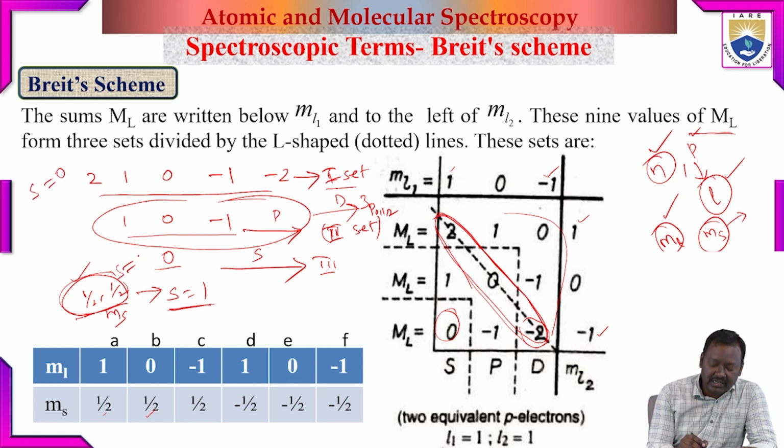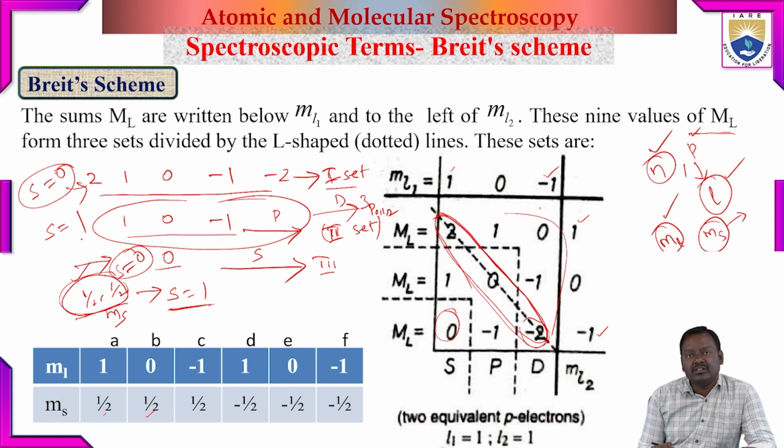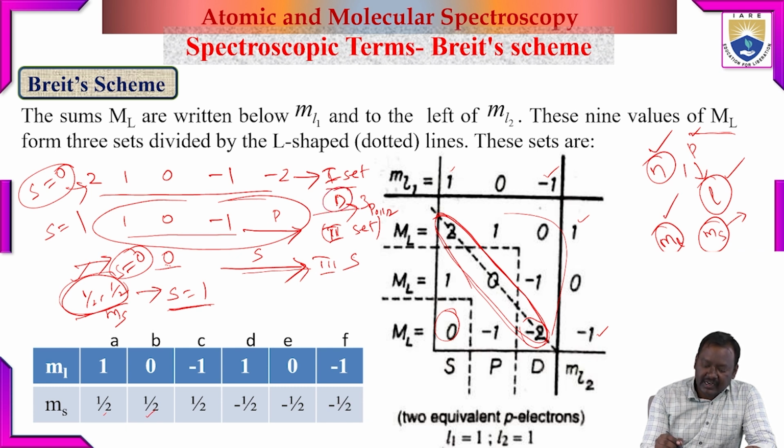This set and this set are possible, and this set is possible only when s equal to 1. So this set particularly forms D, and the third set is forming as L equal to 0. The term is S. Okay, so here the term is D. Here S value is 0, and here S value is 0.